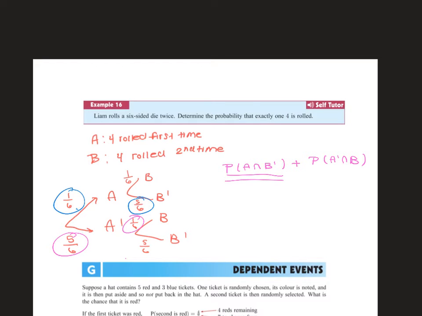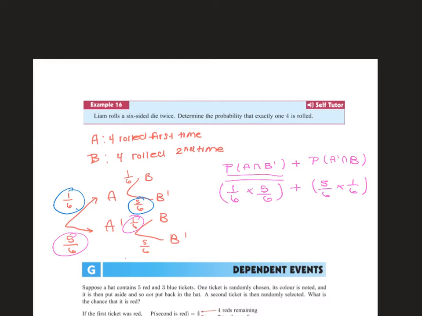Well, that means multiplication. So we're going to take 1/6 times 5/6 plus, well, again, multiplication, 5/6 times 1/6.